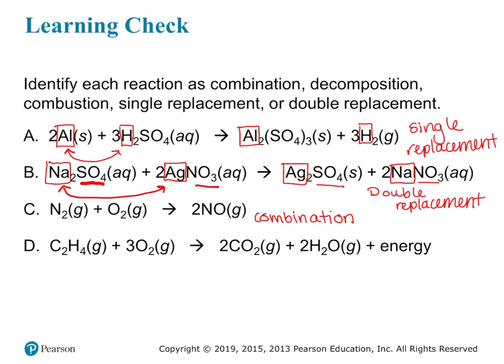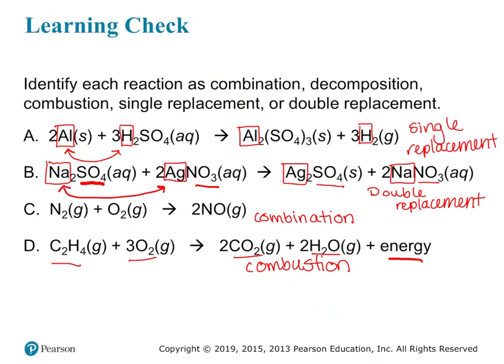We have C2H4 plus oxygen, and we're producing CO2 and H2O and energy. So that's a combustion reaction. So we see our carbon-containing compound, we see oxygen, and then we have our typical products for a combustion reaction: CO2, H2O, and energy.